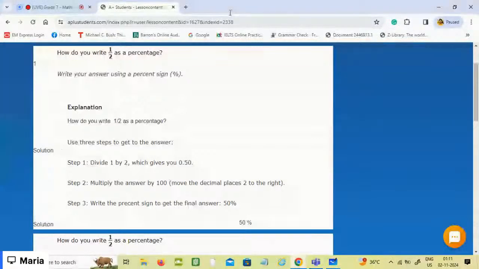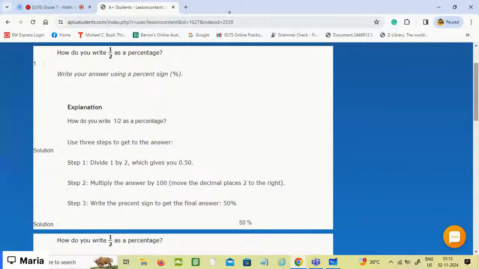Now multiply 0.5 by 100. So when we multiply 0.5 by 100, you need to move the decimal point 2 places, right? So the correct option is 50%, right? 1 by 2 as a percentage is 50%. The correct option is 50%.